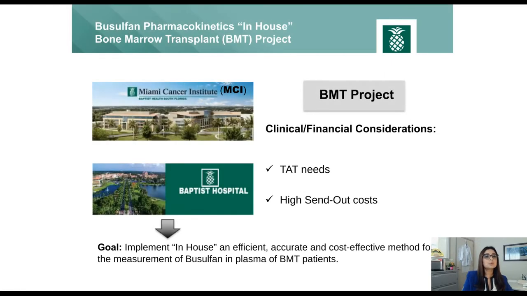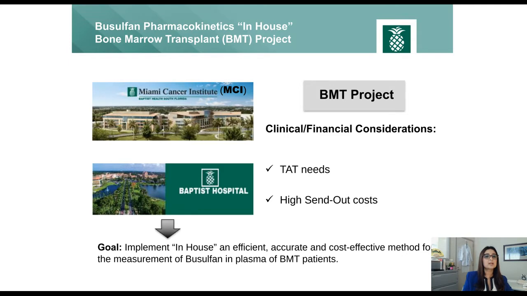Two years ago, the BMT program and our chemistry lab decided to implement the therapeutic drug monitoring of Busulfan in-house for a better management of the bone marrow transplant patients. Two clinical and financial considerations were taken. First, the analysis of Busulfan in plasma requires a very short turnaround time to determine the optimum dose of Busulfan and to minimize the toxicity of this drug.